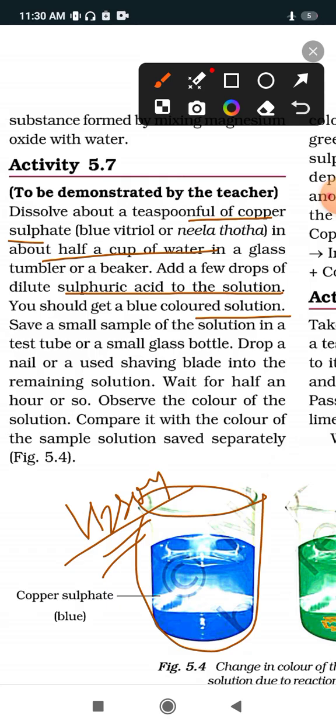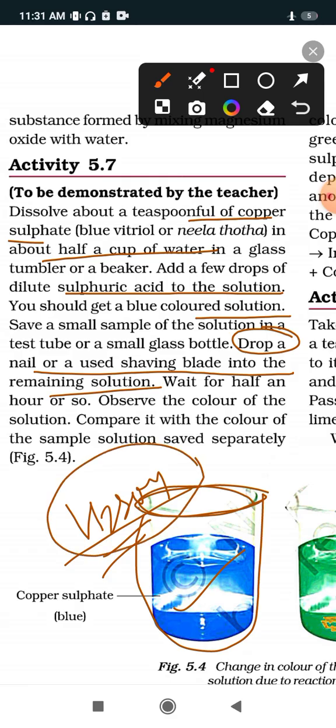Now drop a nail or shaving blade into the remaining solution. Clear? In the first test tube we will take copper sulfate, water and dilute H2SO4. And in the other test tube we will put the copper sulfate solution and the blade.